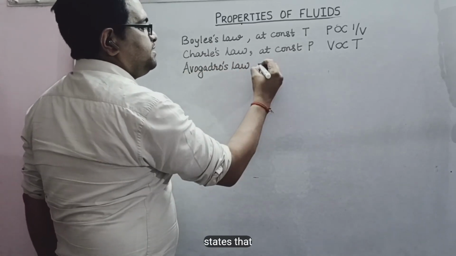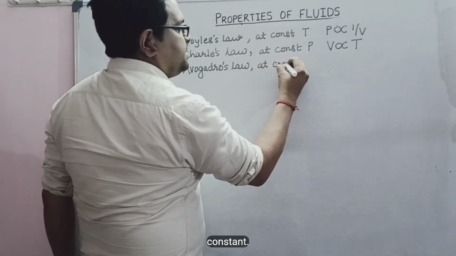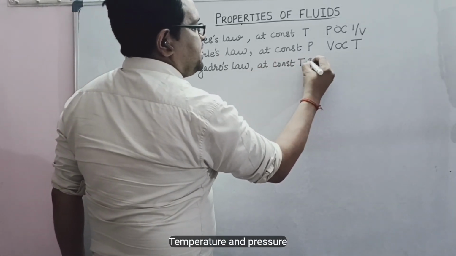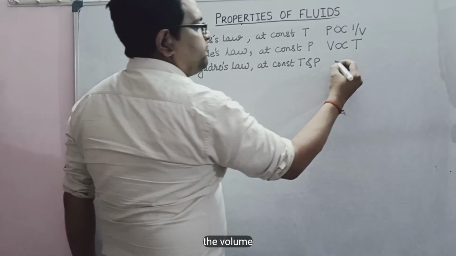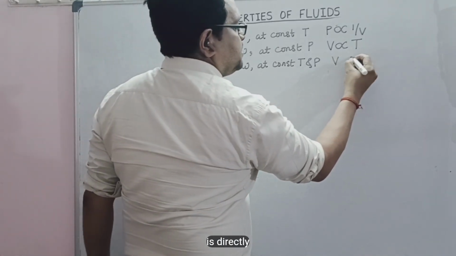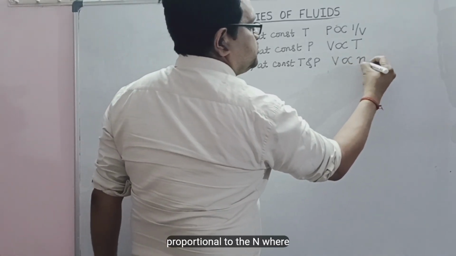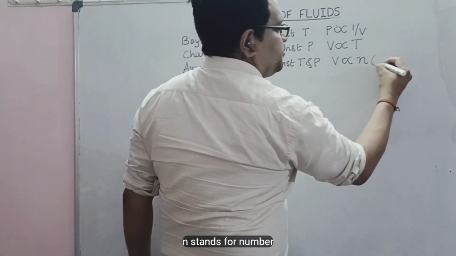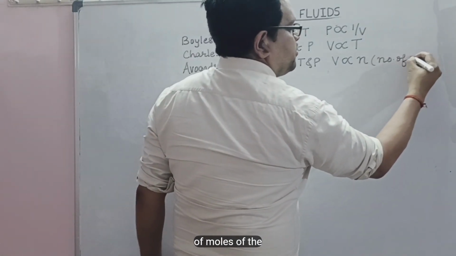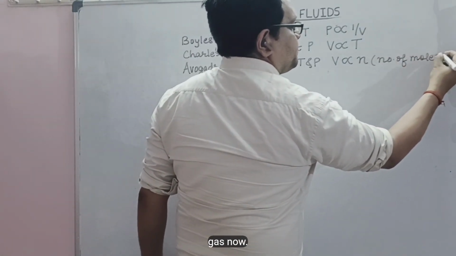It states that at constant temperature and pressure, the volume is directly proportional to N, where N stands for the number of moles of the gas.